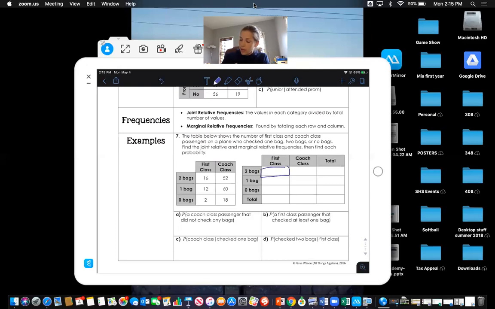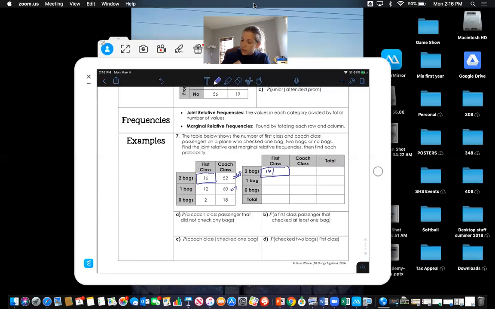If we are first class who checked two bags, I know that what this means is that I am looking at 16 out of, now I'm going to pay attention to how many people checked two bags. Well, in grand total, there is 68 people who checked two bags.